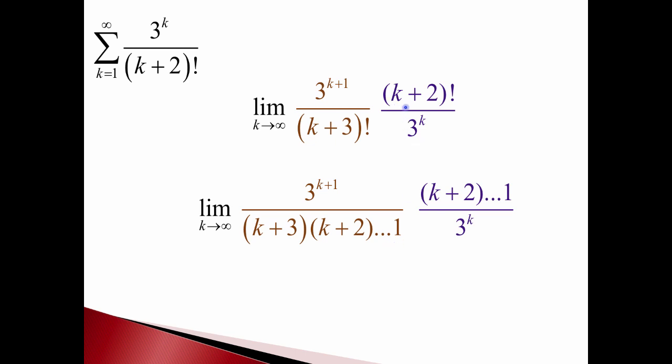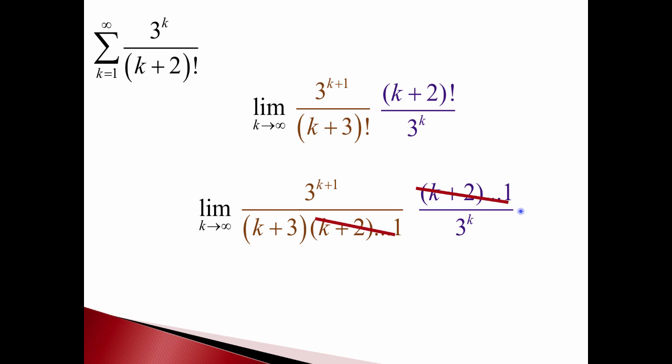The purple k plus 2 factorial would be k plus 2, then k plus 1, then k, and so on all the way down to 1. So what you see is a whole bunch of this stuff cancels now. All those k plus 2 and on down in the denominator cancels with the k plus 2 and on down in the top. So that leaves us with just a k plus 3 in the denominator.